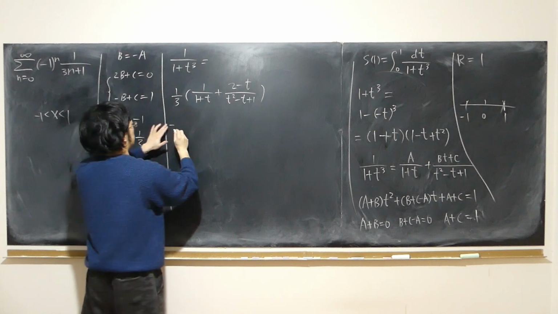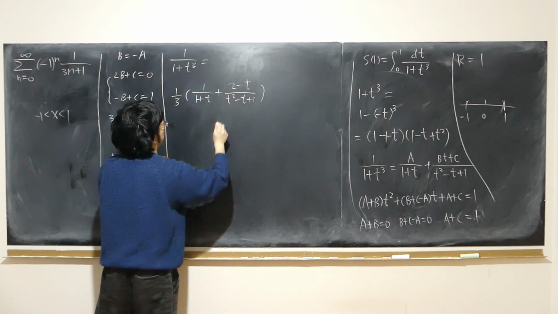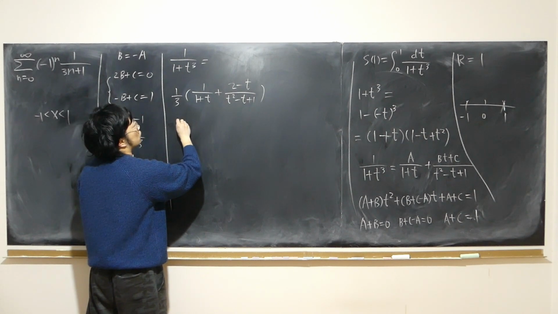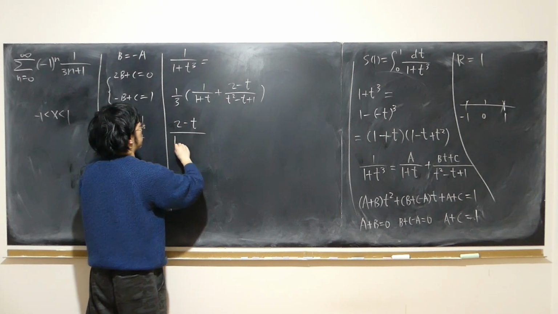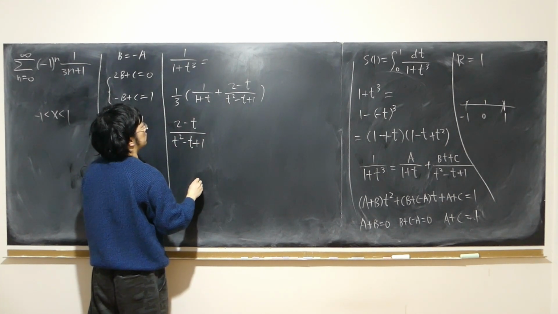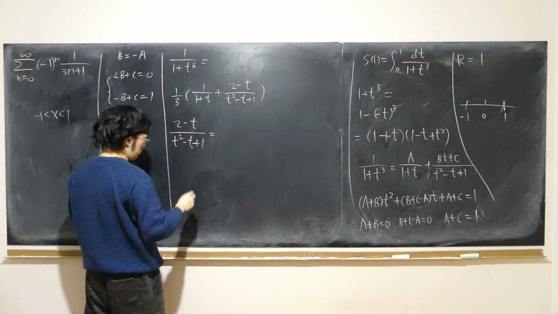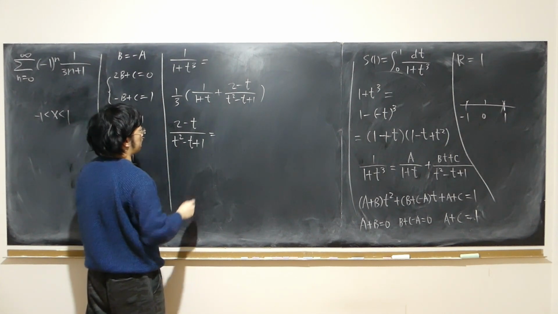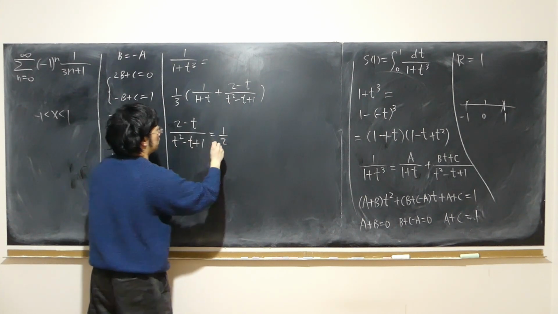I'm just going to leave this aside and focus on this one. So 2 minus t over t squared minus t plus 1 is equal to, like I said, first multiply by half, then times half on the top.